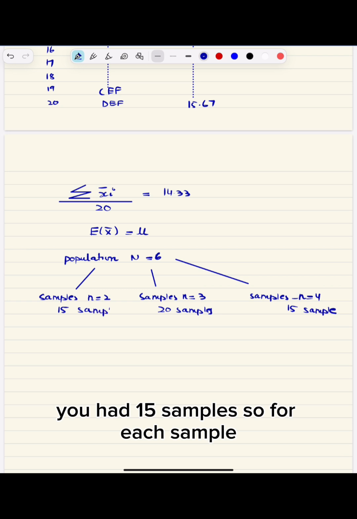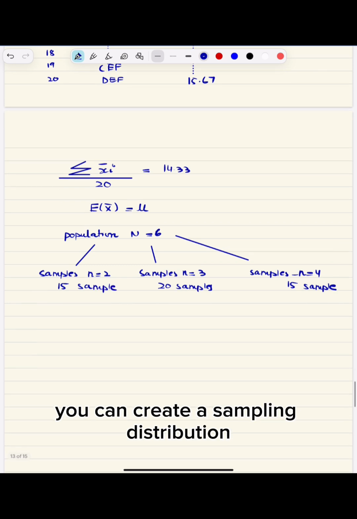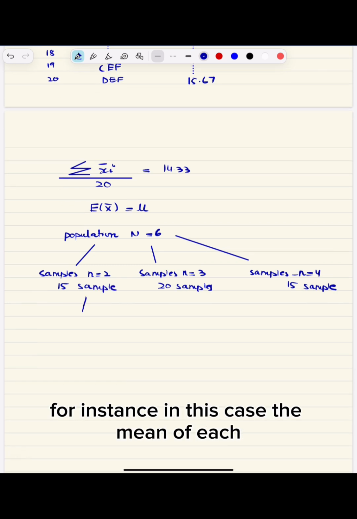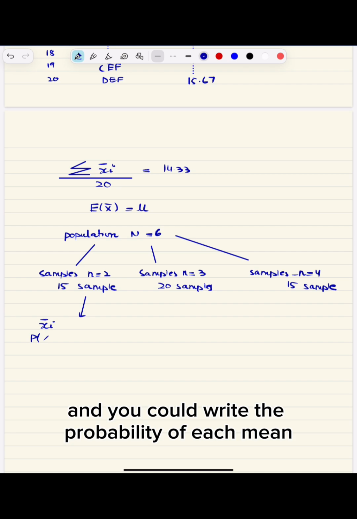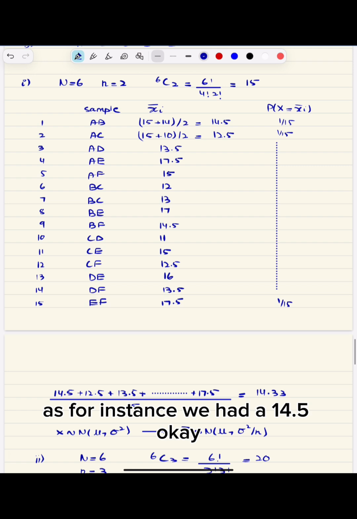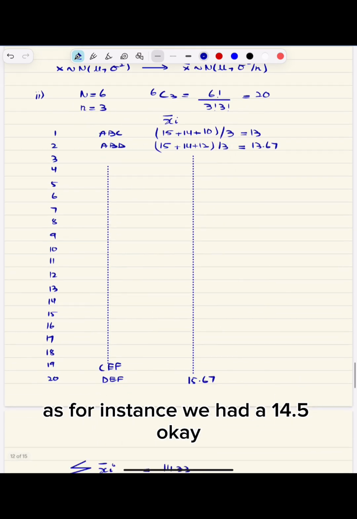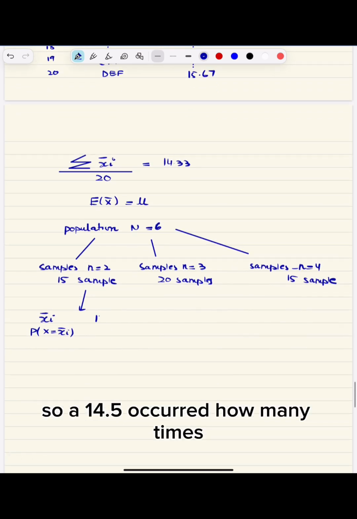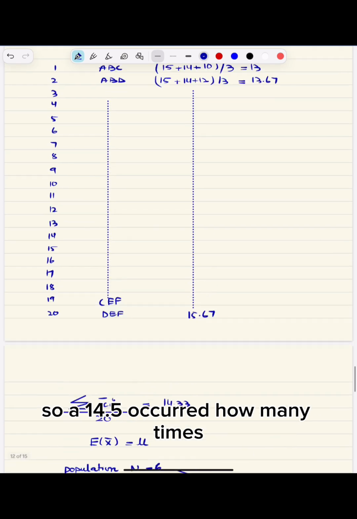So for each sample you can create a sampling distribution. For instance, in this case, the mean of each, and you could write the probability of each mean as, for instance, we had a 14.5. Okay, so 14.5 occurred how many times?